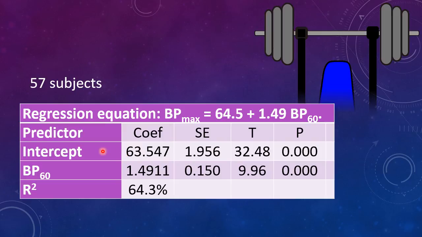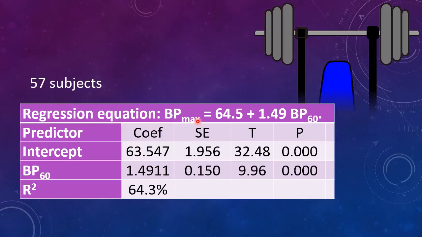So the coef column in the intercept row gives us the intercept, and the coef column for the BP60 row gives us the slope for BP60. So then the estimated regression equation is the maximum bench press weight equals 64.5, that's the intercept, plus 1.49, the slope, times the number of repetitions at 60 pounds.